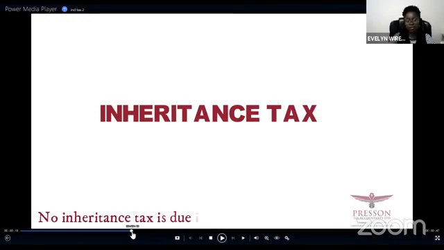There's normally no inheritance tax to pay if the value of the estate is below the 325,000 threshold, or the individual has an estate, but they decide to leave everything above the 325,000 threshold to their spouse, civil partner, charity, or a community amateur sport club.